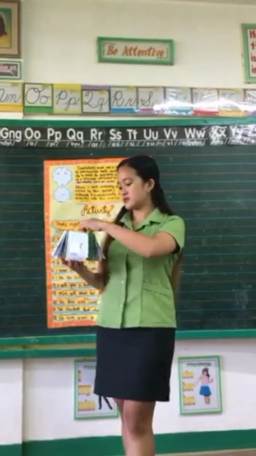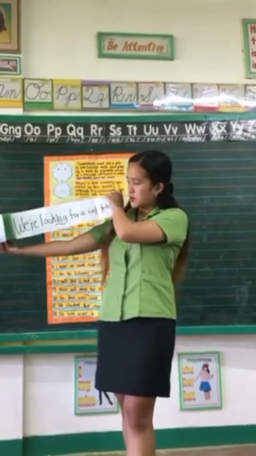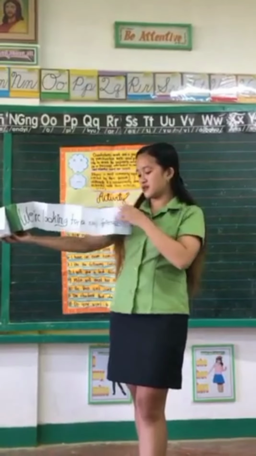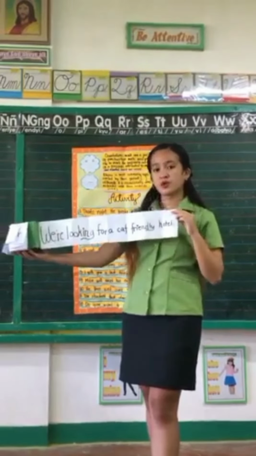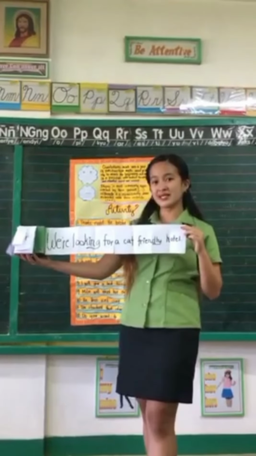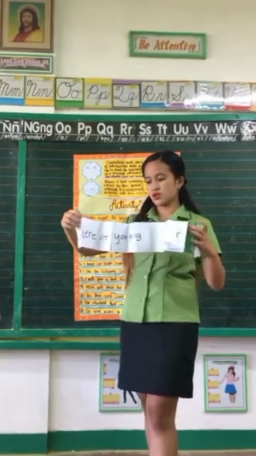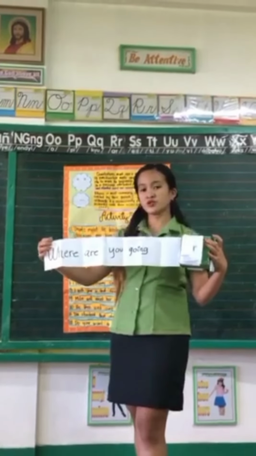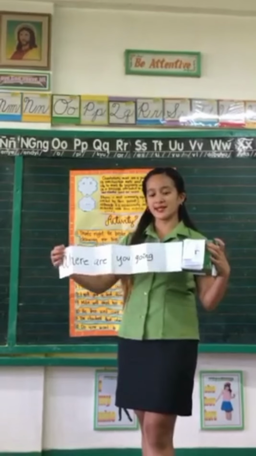So I have an exercise for you wherein you need to put correct punctuation marks. First, we're looking for a cat-friendly hotel. What punctuation marks do you need to put in this sentence? Next, this one. Where are you going? What punctuation marks do you need to put in this sentence?